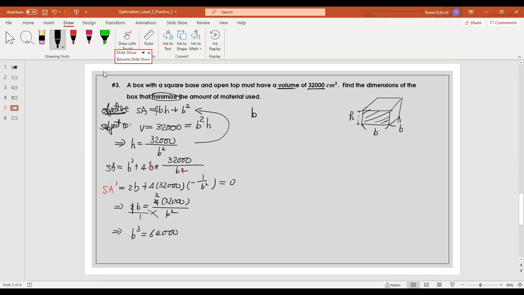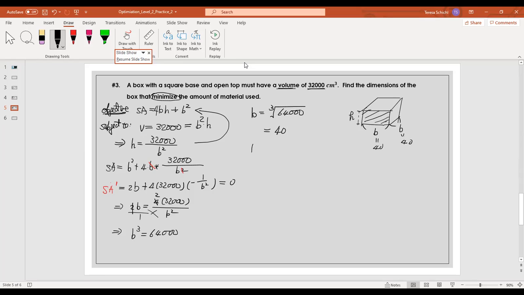So what is b here? b is the cube root of 64,000. What is that? This will be 40, right? Because 4 cubed is 64. So if this is 40, the base here is 40 by 40 because it's a square.